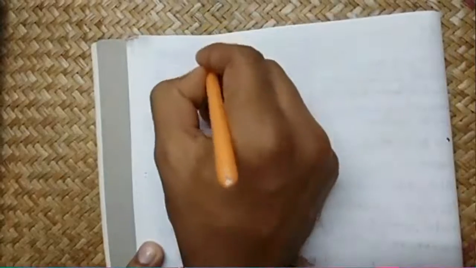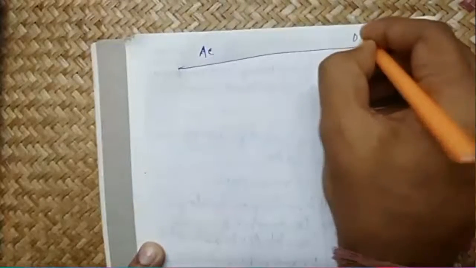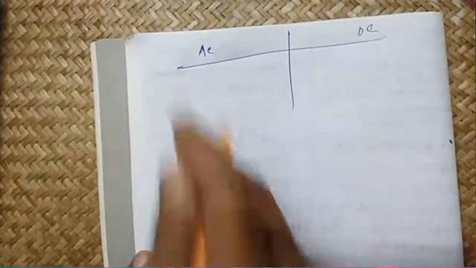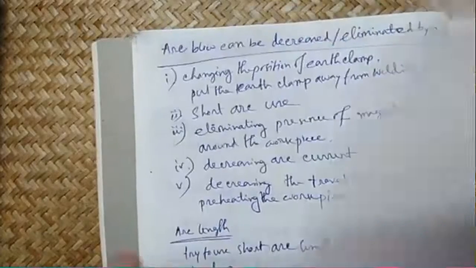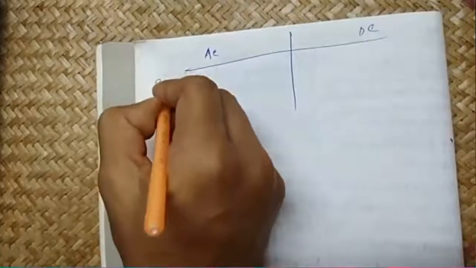Okay, next point. This is AC, this is DC. Okay, we have ended point number 8, so it will start here with point number 9.